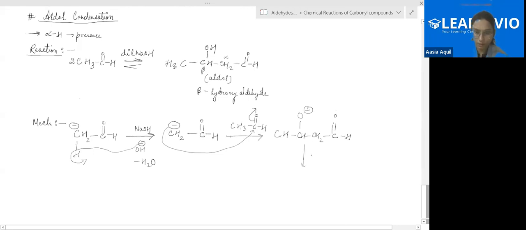Then in the presence of H plus, this H will go to that oxygen, OH, forming beta hydroxyaldehyde. Got it? So this is your aldol. At the beta position, there is a hydroxyl group, so its name is beta hydroxyaldehyde, right?